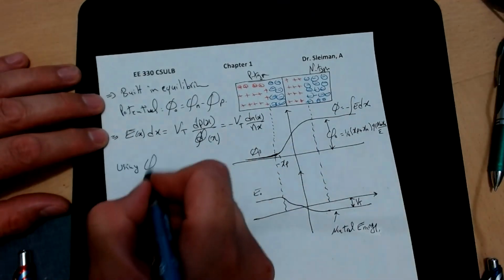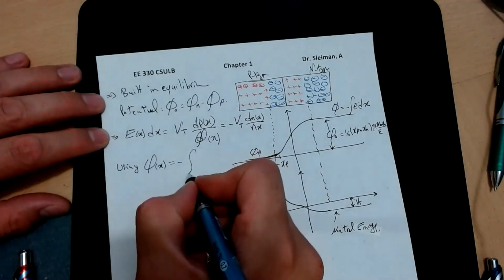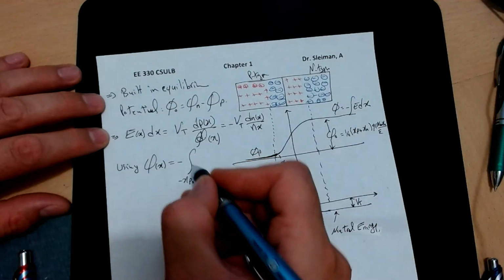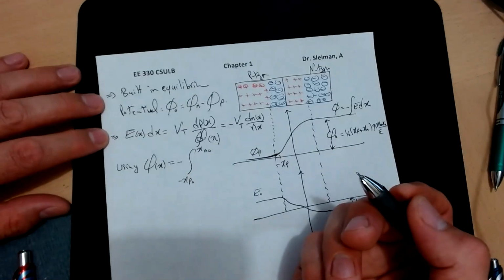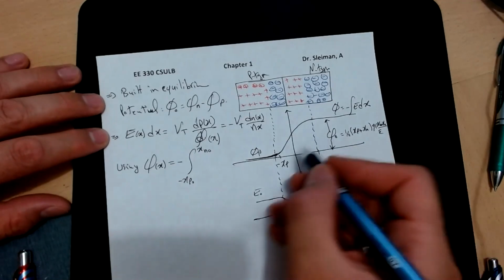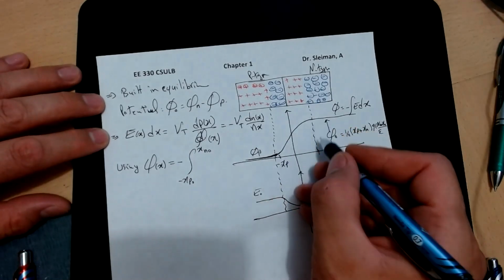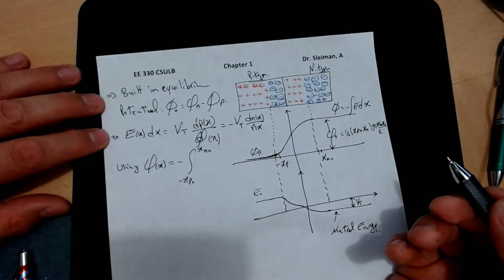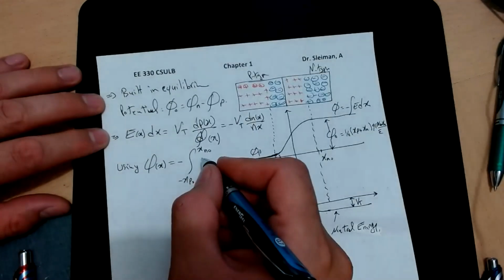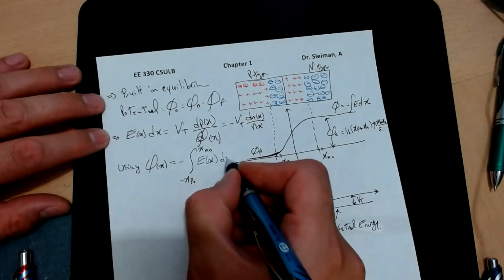So using phi(x) is equal to negative integral from xp0 to xn0 of E(x) dx.